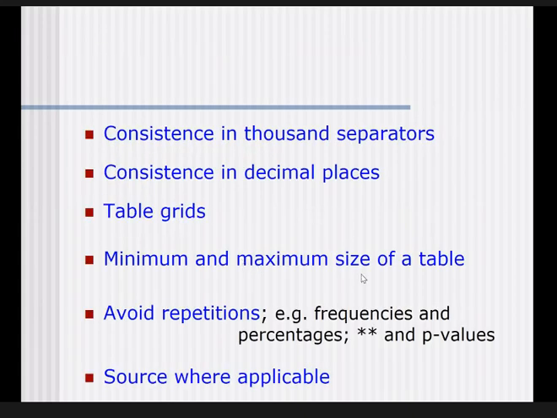So minimum, don't allow a table with one row, and maximum, try as much as possible to have a table that fits on a page. Sometimes the table is too big, I can appreciate, but try as much as possible to limit your tables to one page. If it is too big and overflows, no problem, but try to fit it on one page.